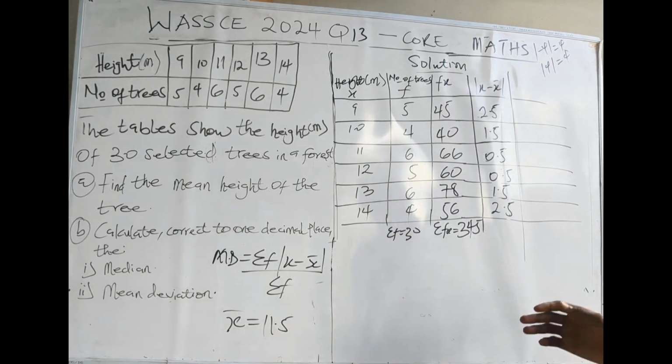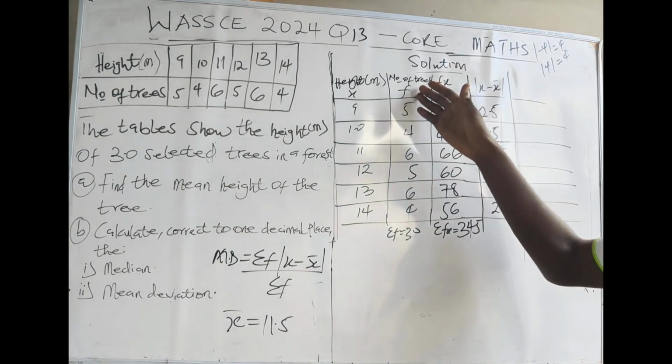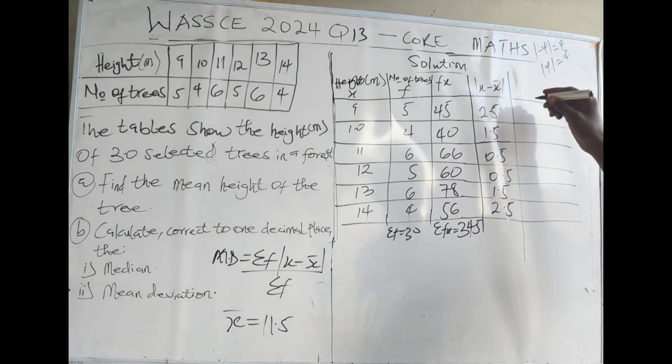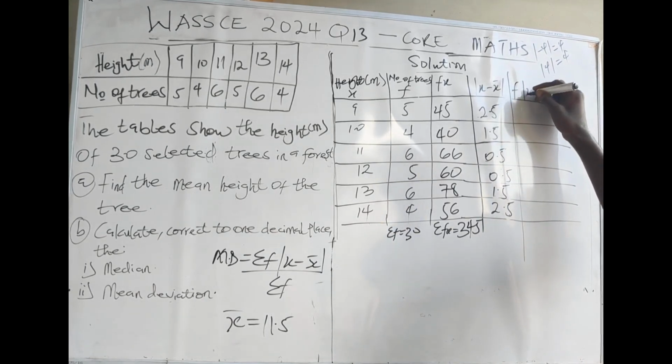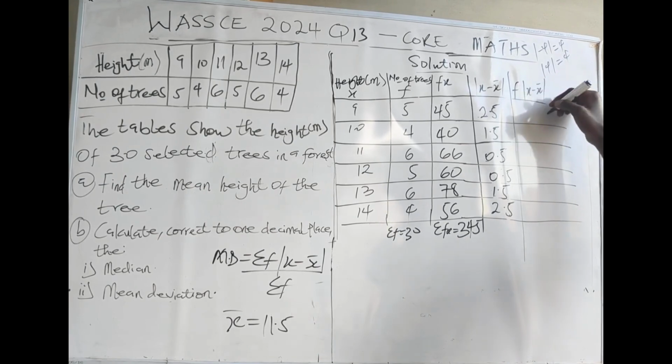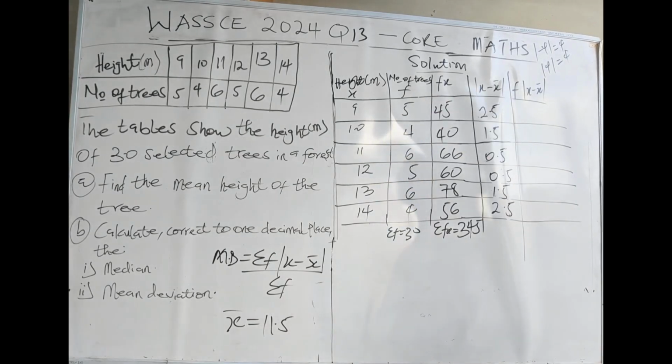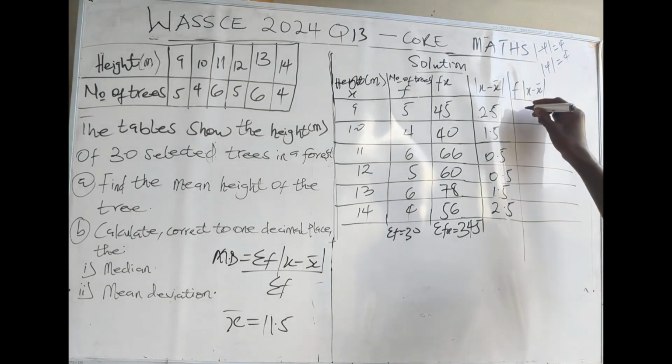So therefore we just multiply the frequency by the absolute x minus the mean to get our f times absolute x minus the mean. Over here we multiply our frequency, that's the number of trees, by the absolute of x minus the mean. So here 5 times 2.5 gives us 12.5.